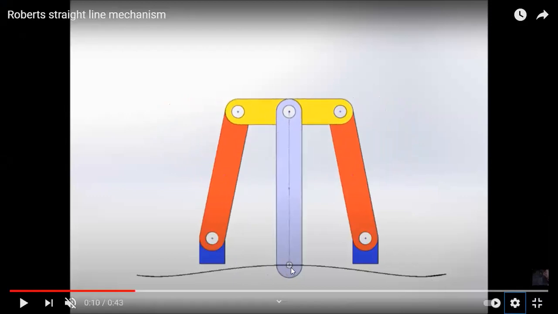So this is the Q point, in which it forms an approximate straight line which is parallel to these points. So this is the O and this is the O1, OA and O1B.